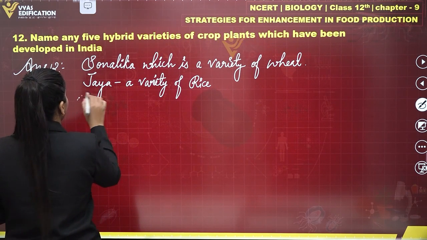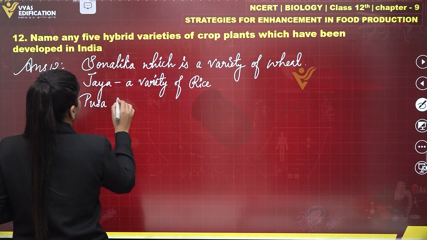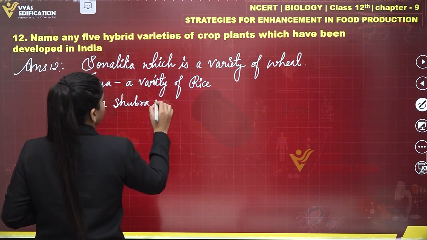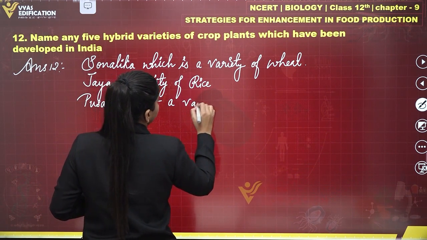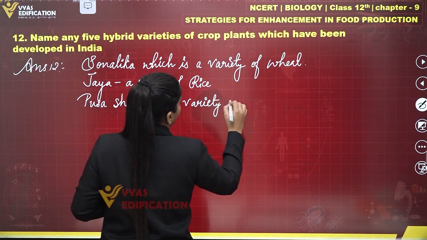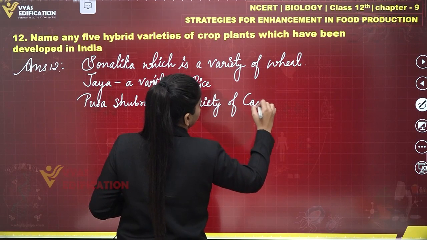Then we have Pusa Shubhra, a variety of cauliflower.